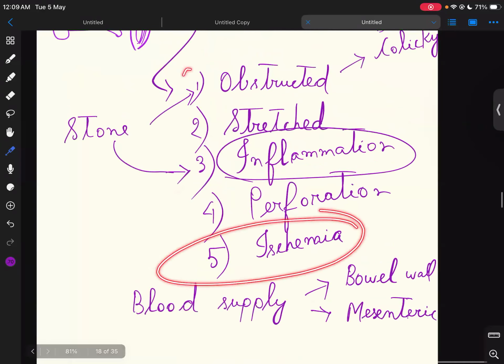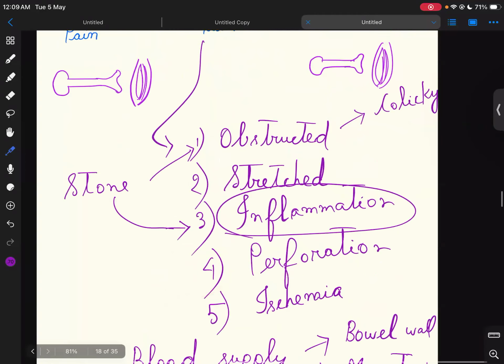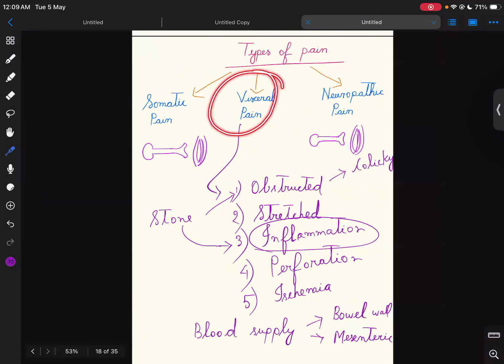So let me ask the doctors whether the cause of visceral pain is clear to all, how pain can be caused whenever any viscera gets affected. Again, I'm telling you, viscera does not have any pain fiber itself. Whenever you cut your liver from inside, you will never feel that pain.